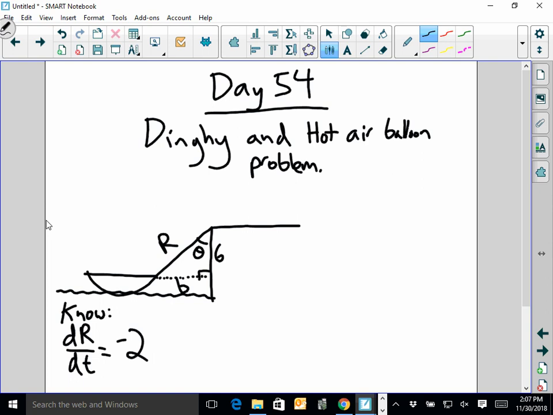Question A says, how fast is the boat approaching the dock when 10 feet of rope are out? Okay, so how fast is the boat approaching the dock? That is our need, right?